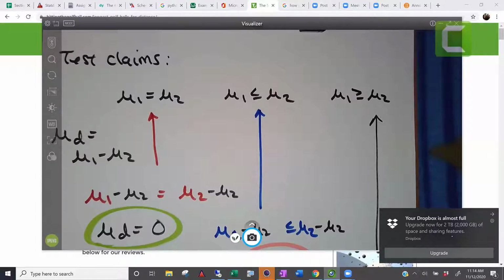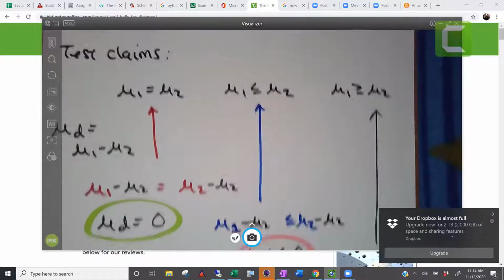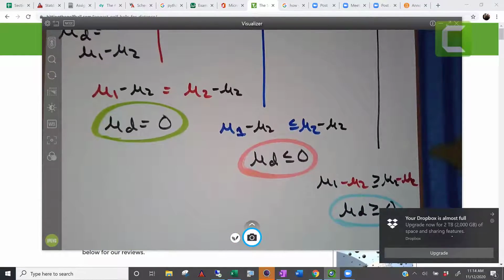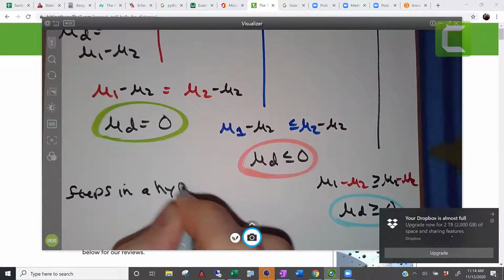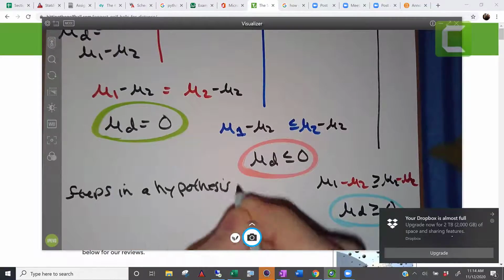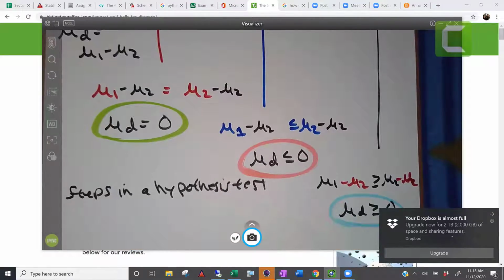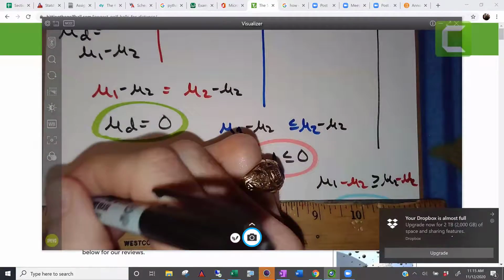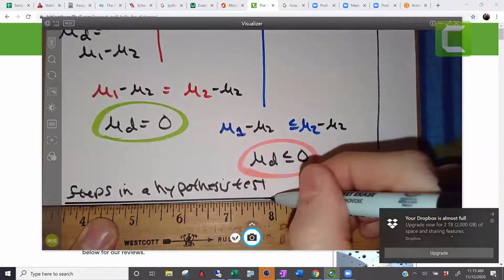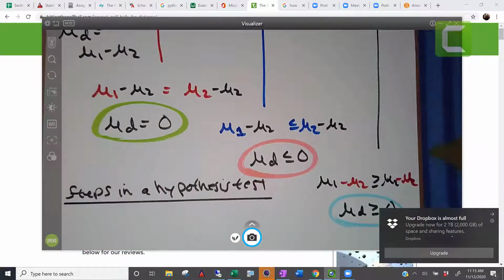Okay, so now what? Well, now we're going to remind ourselves how we do our hypothesis tests. So we're going to do the steps in a hypothesis test. I'm hoping that by now these are starting to get pretty familiar, because we've done these for chapter 8 and now chapter 9.